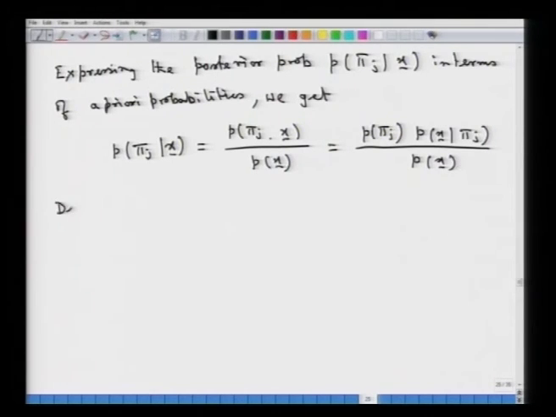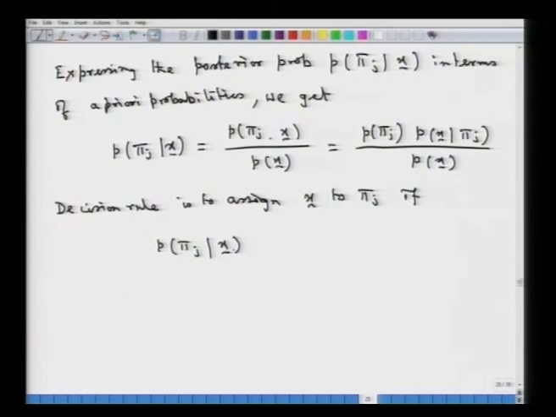Now, the decision rule is to assign x to π_j if the posterior probability p(π_j | x) is greater than p(π_k | x), with k from 1 up to c and k not equal to j.